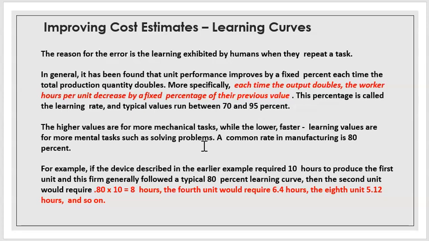Specifically, each time the output doubles, the worker hours per unit decrease by a fixed percentage of their previous values. This percentage is called the learning rate, and typically values run between 70 to 95%. The higher values are for more mechanical tasks, while the lower, faster learning values are for more mental tasks such as solving problems. A common rate in manufacturing is 80%.